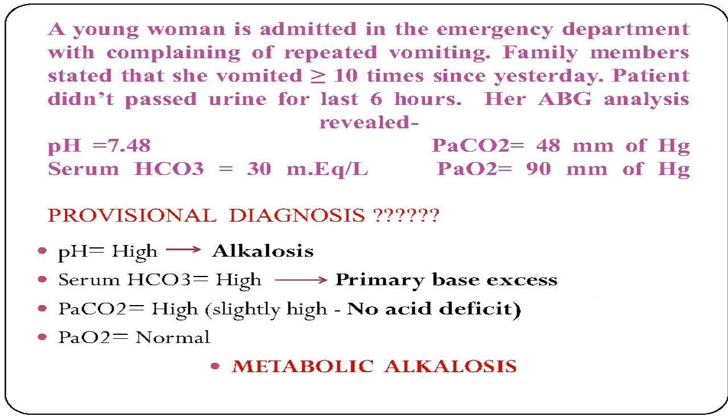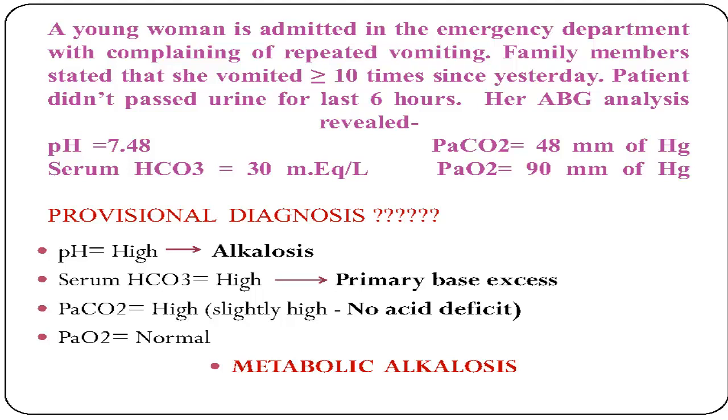Next slide. I hope that you have understood the respiratory alkalosis chart. Now we are proceeding to the next part of our discussion. That is another clinical picture. Here, a young woman is admitted in the emergency department complaining of repeated vomiting.